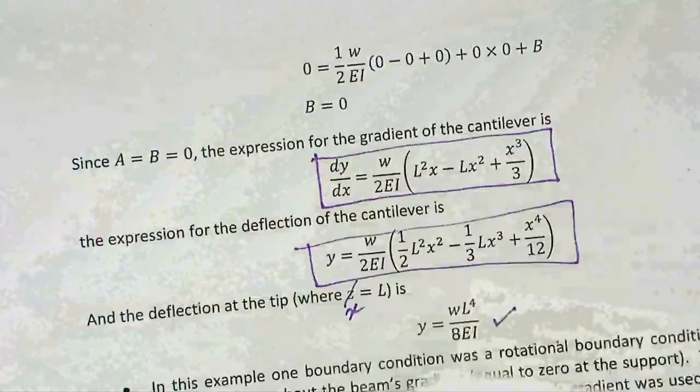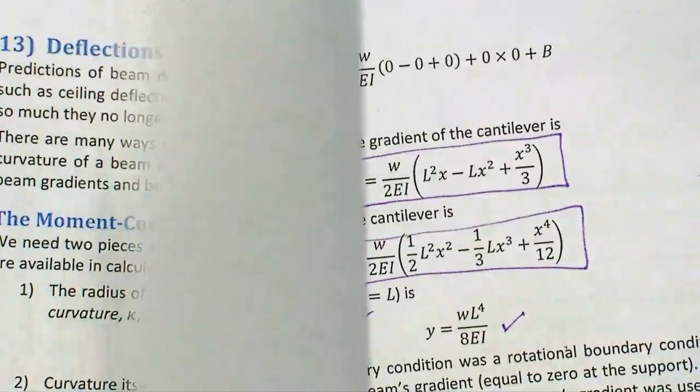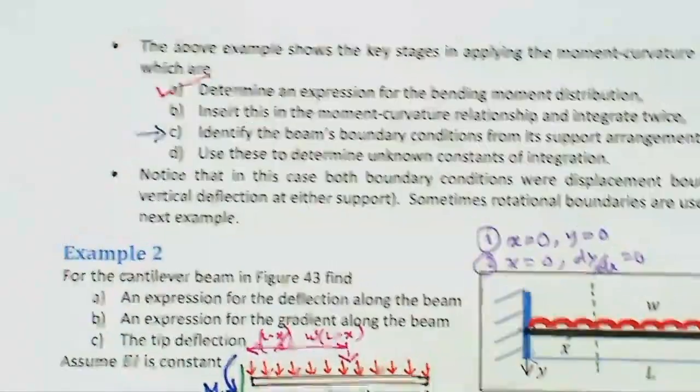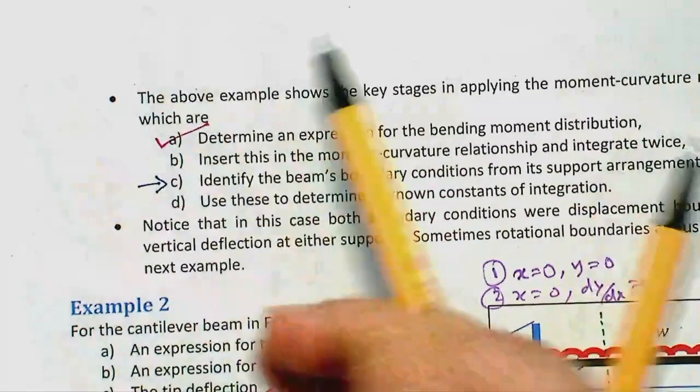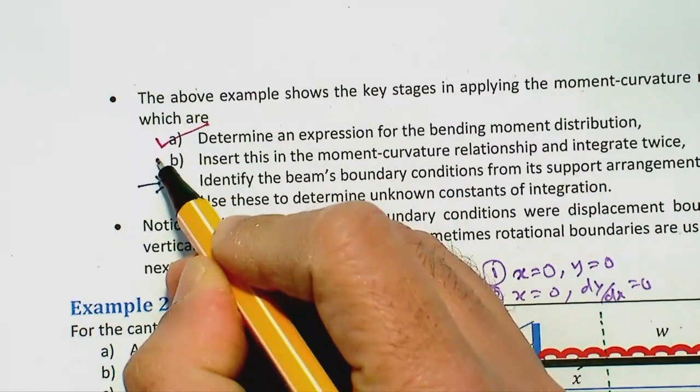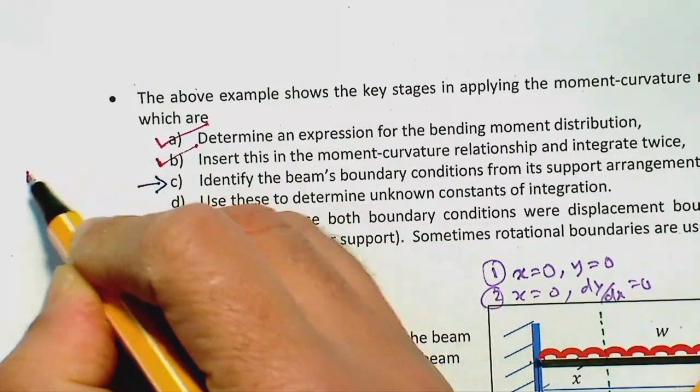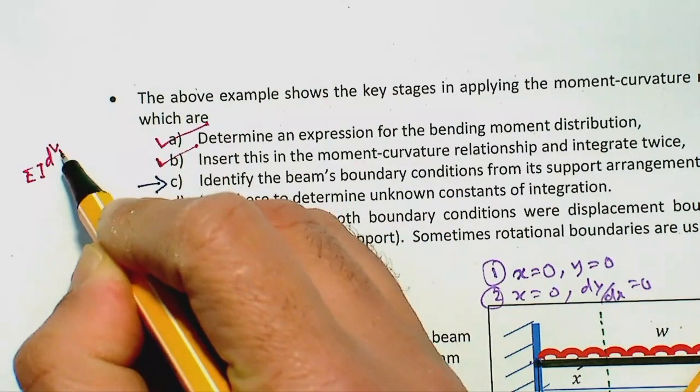So that's it really in terms of the process and the methods. These are the 4 steps. First, determine the expression for the bending moment at any distance. Then put EI d2y/dx2 as the bending moment.